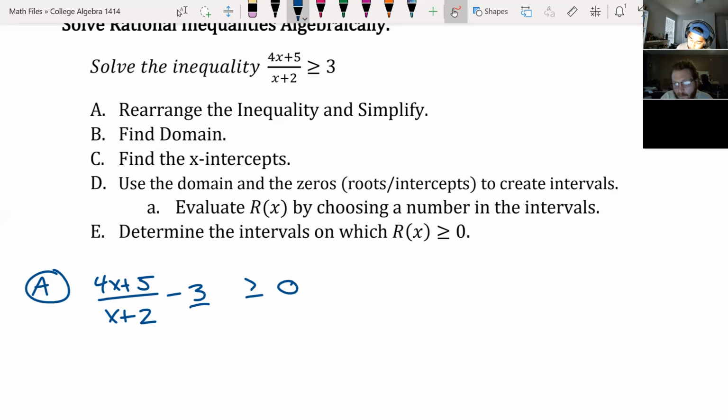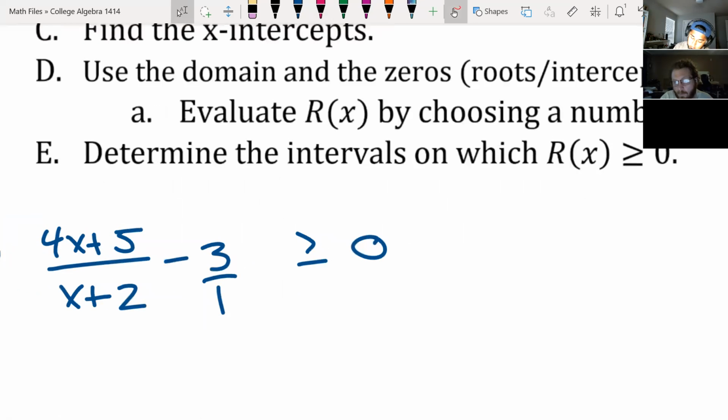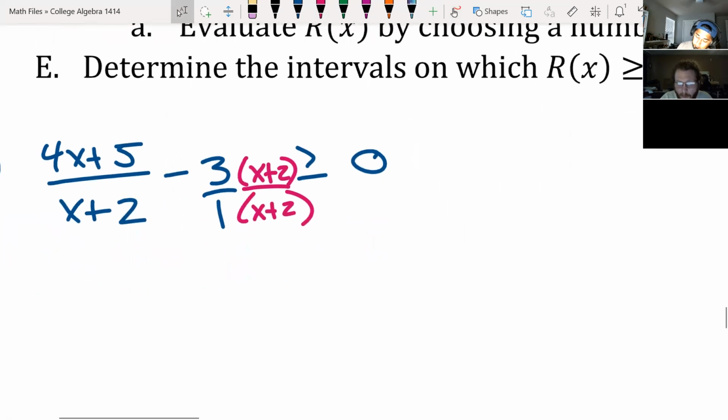So we put 3 over 1 and multiply by a common denominator of what? x + 2. Multiply this by (x + 2)/(x + 2). Good.